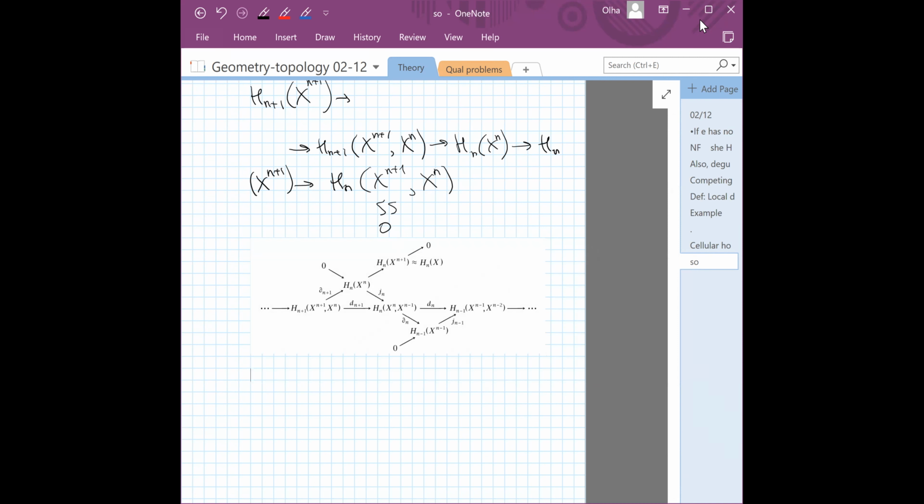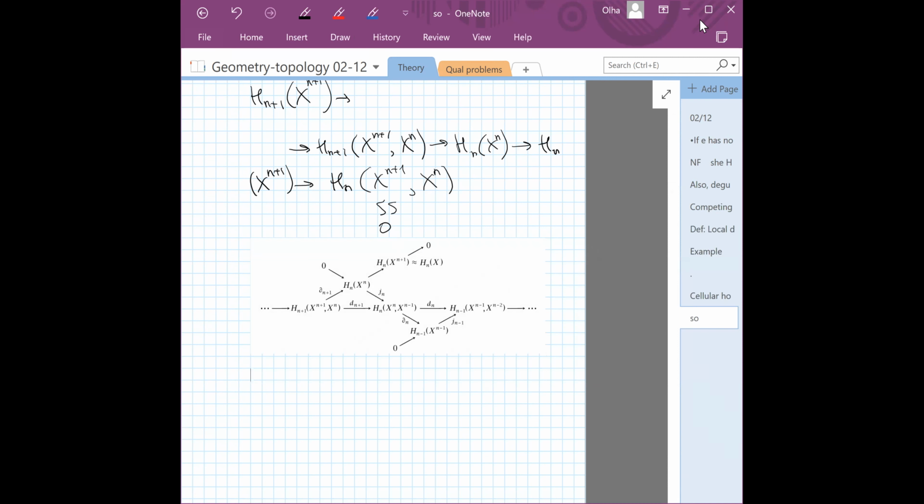Okay, so what is happening is we can do that for any n, right? And we're taking all of those short exact sequences and combining them. So here's one that we wrote. Then there is going to be the next one right here.